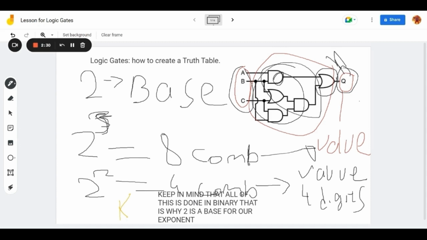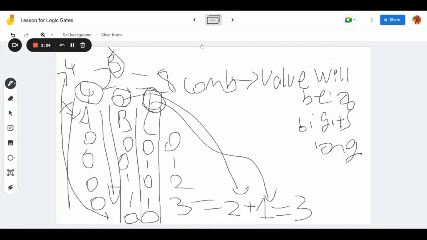As I've said, the combinations represent how long the value will be and how many digits it will have. After we find the combinations, depending on how many inputs there are, we plug them into a table like this and put the numbers in, depending on what each column represents.